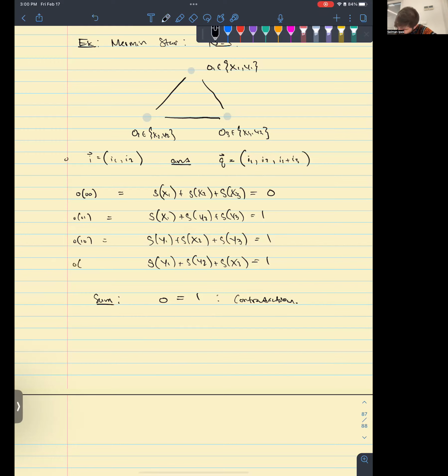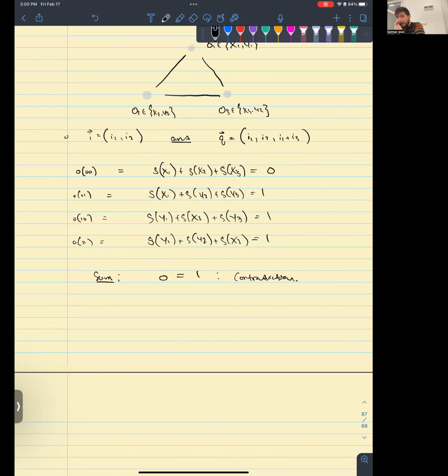And then O of (1, 1) is equal to, you measure Y for the first, Y for the second, and X for the third. So we already know that this set of equations yields a proof of contextuality because you have this contradiction, but also the output, if you look at this, is actually the OR gate, which is a nonlinear function.